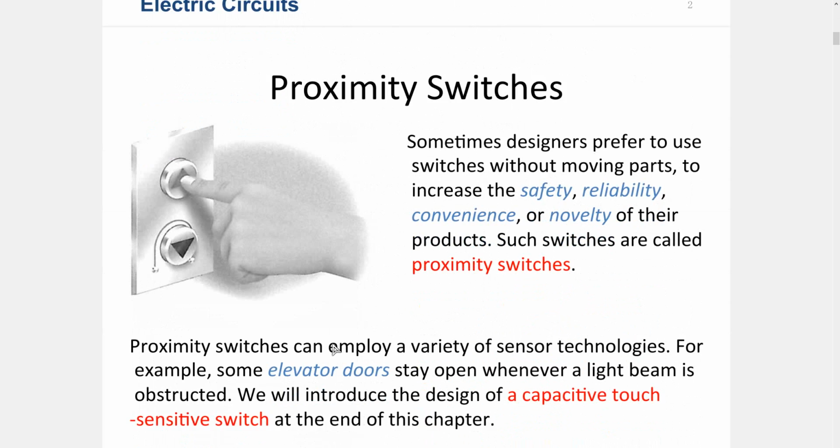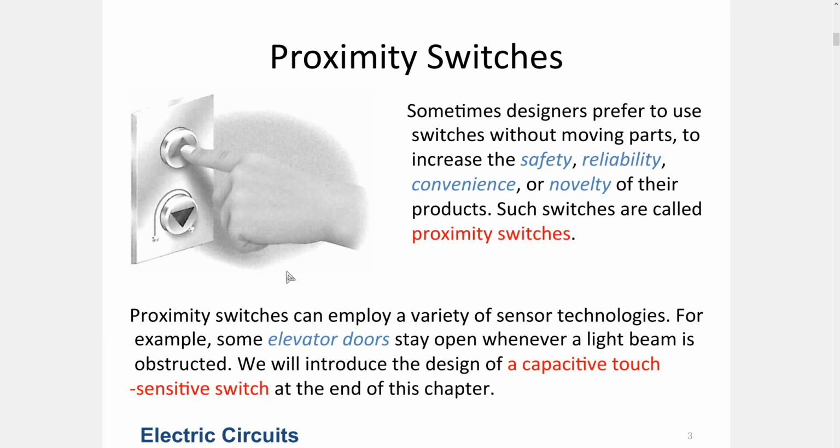As you all know, we are surrounded by lots of interesting gadgets. One thing that we use in practical life is proximity switches. Sometimes designers prefer to use switches without moving parts because of reliability issues, because this increases the safety, reliability, convenience, and novelty of their products.